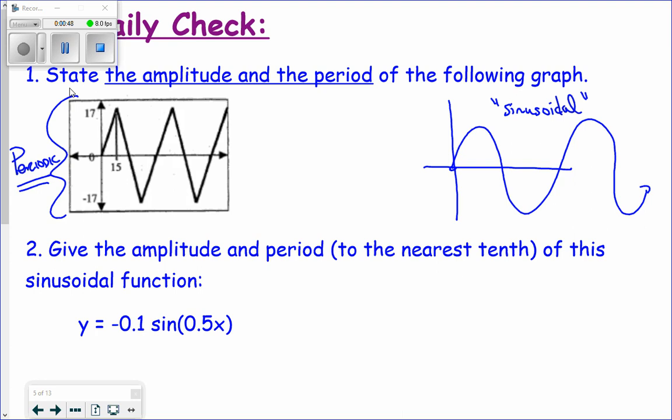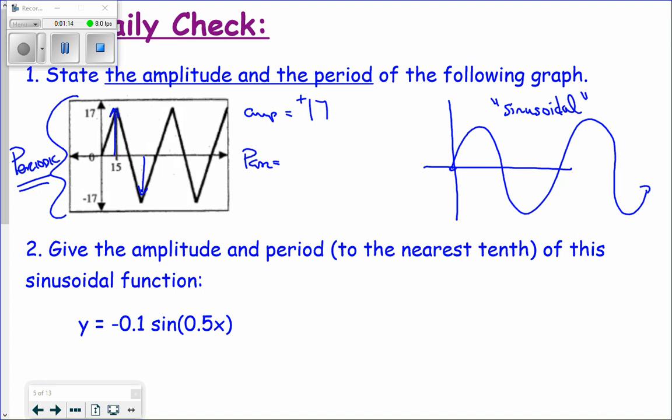Okay? So for this graph, what's the amplitude? What's the period? So how far up, how far down? 17. And it's always going to be a positive 17 because it's the distance.